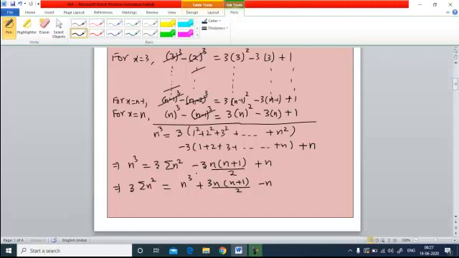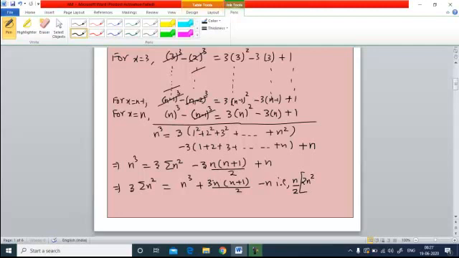If you look at this right hand side, out of all these terms I can take one n common. So one of the n is taken common and we will take LCM. LCM will be 2. So n by 2 I can take common, n from the numerator and 2 from the denominator. After taking LCM, this 2 will multiply with the n square which is left. So it is 2n square.